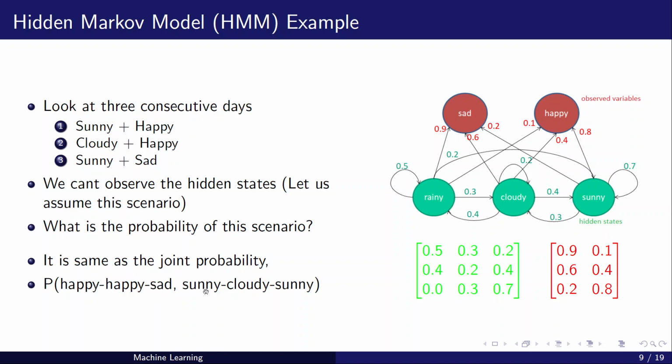So this is your mood sequence, the observable variables, and this is your hidden weather sequence.